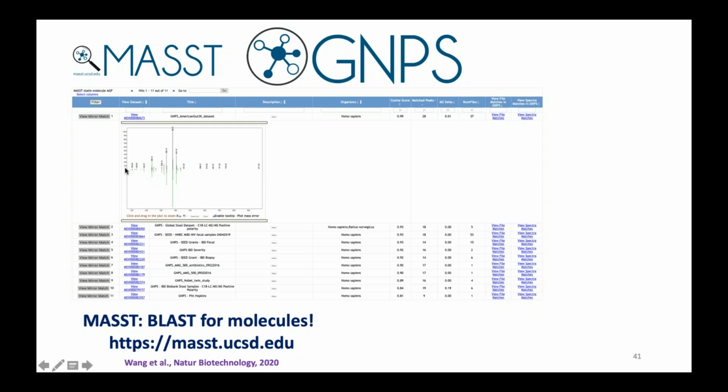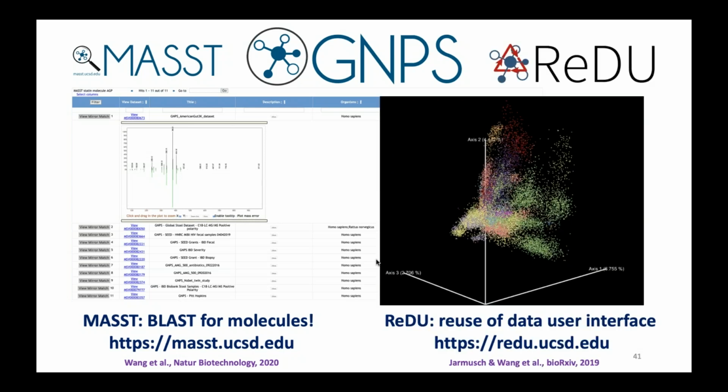For example, this is an example where I searched for a statin metabolite, and my question was, can I find it in more than one independent data set, because that would increase my confidence that this could be a real metabolite, and not an artifact found only in my data set. And as you can see, we see it in multiple independent studies, so that increases my confidence that we have really something here, and that it's worth further exploring.